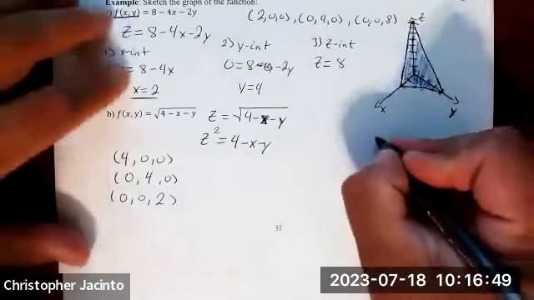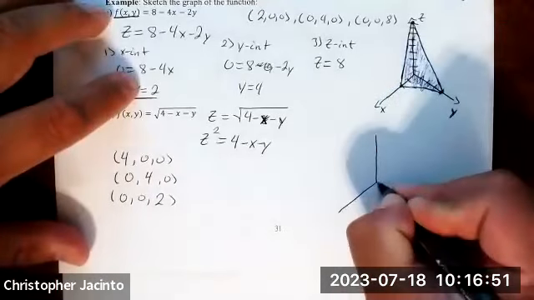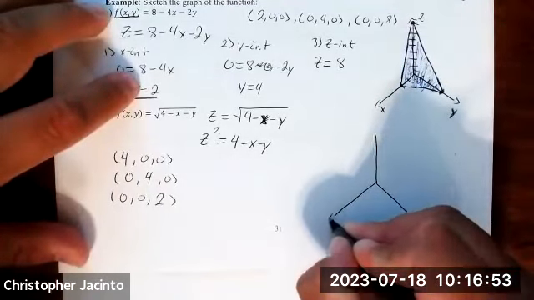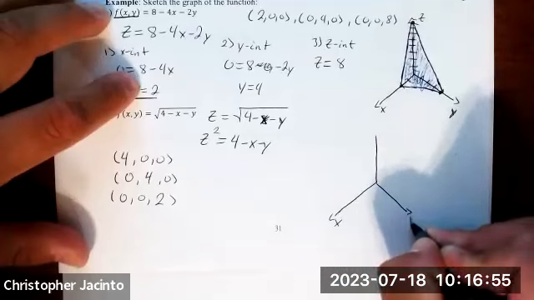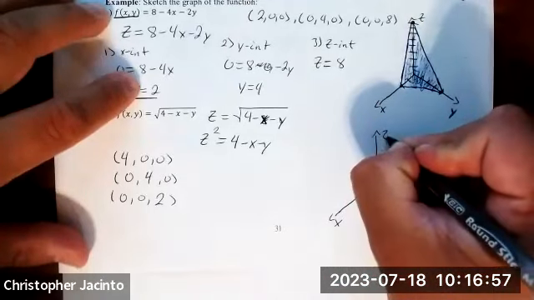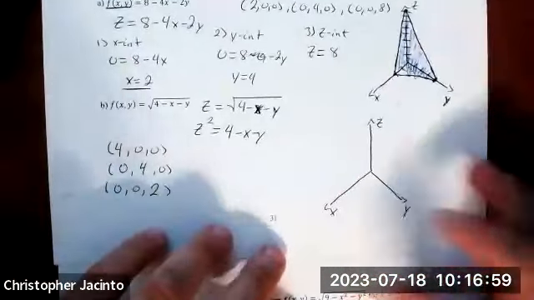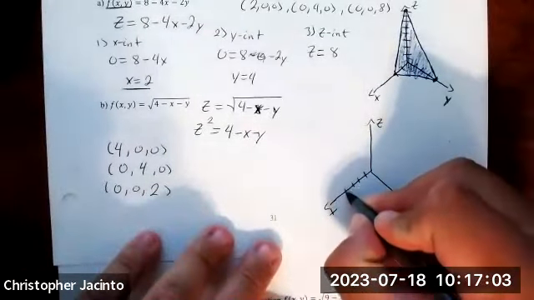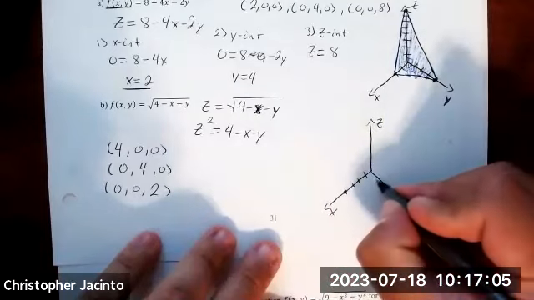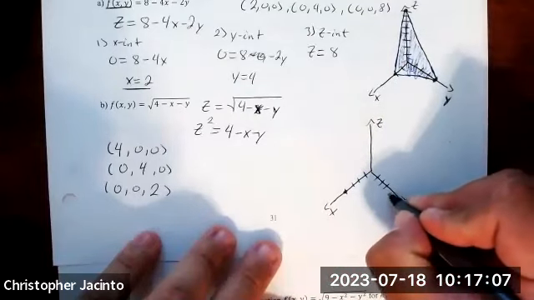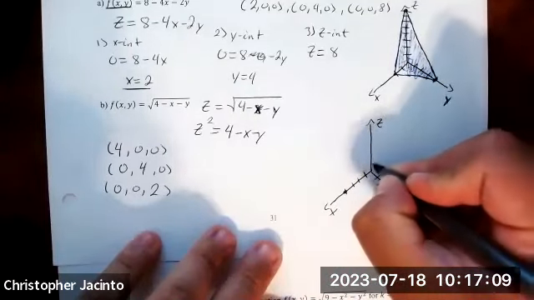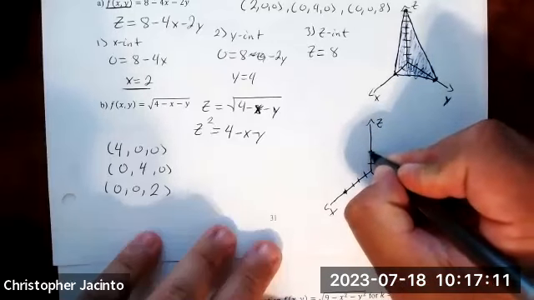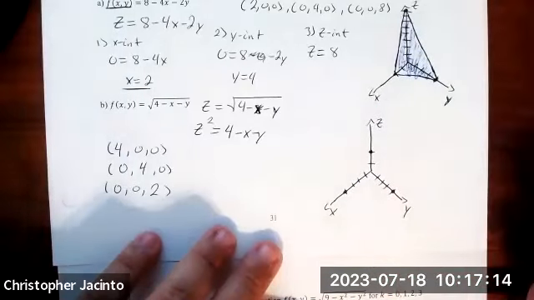Okay. All right, let's do the same thing. So x is 1, 2, 3, 4. 1, 2, 3, 4. Z goes to 2. Okay.